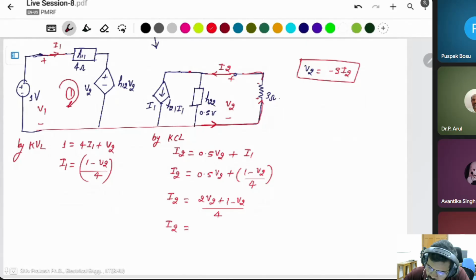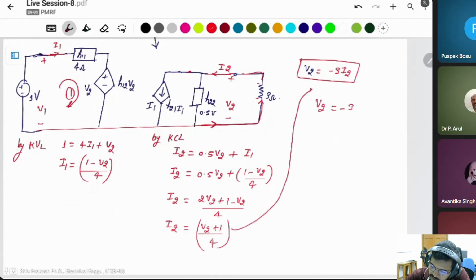Then I2 is equal to 2 minus 1 V1 plus 1 by 4 V2. We have to put this value here. Then V2 is equal to minus 3 times (1 plus V2) divided by 4.